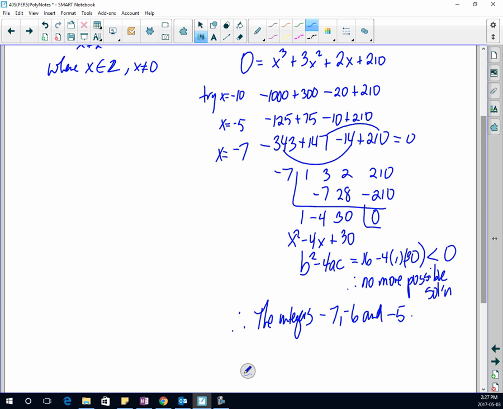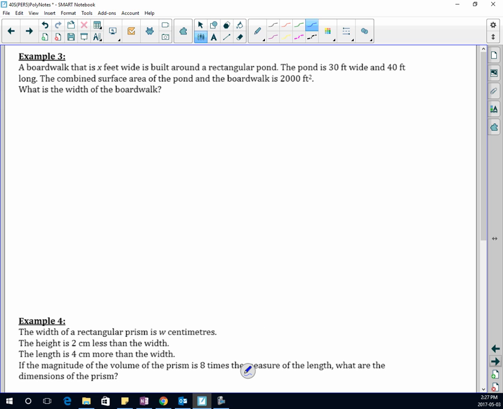Okay, a boardwalk that is x feet wide is built around a rectangular pond. The pond is 30 feet by 40 feet. This time it's surface area. So I'll give you a picture. We have a pond that's a rectangle, and then we have a boardwalk going around.